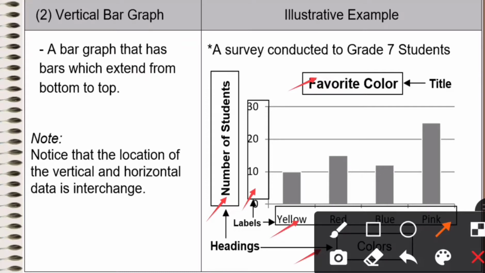These are the labels: 10, 20, 30, those are the number of students. At the bottom we have yellow, red, blue, pink. Those are the colors. Then of course we have the shaded bars. It must be shaded. Okay?